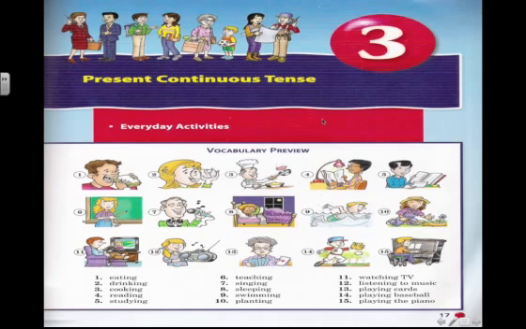Now, let's go to the very first page in this unit, page 17. Open your books on page 17 and check with me this vocabulary preview. Here we have what we call everyday activities.